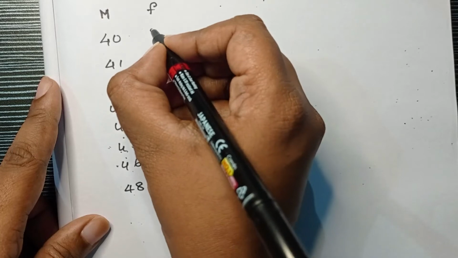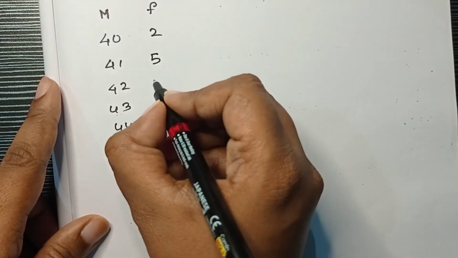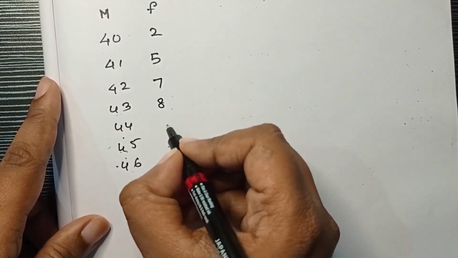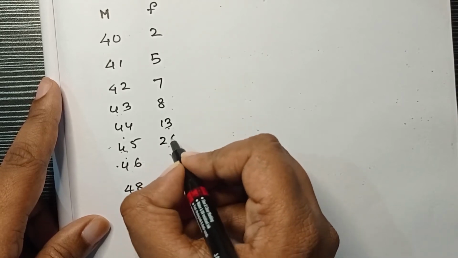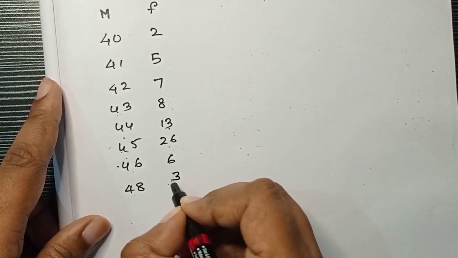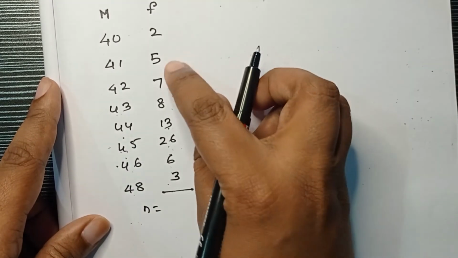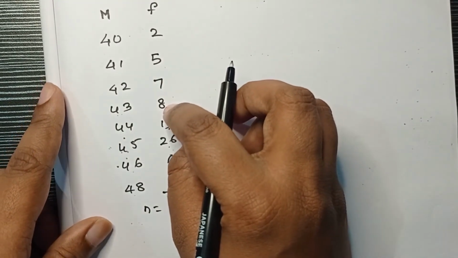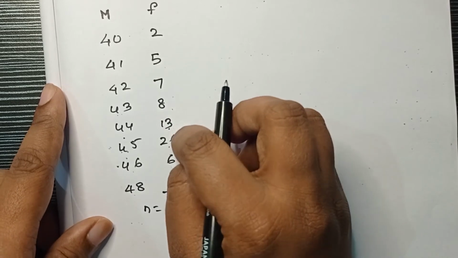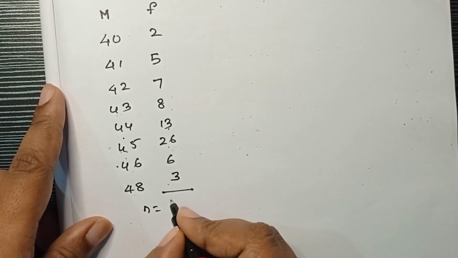Corresponding frequency 2, 5, 7, 8, 13, 26, 6 and 3. Now we have to find the total of this frequency. N equals 2 plus 5, 7, 14, 22, and then finally we are getting this answer as 70.